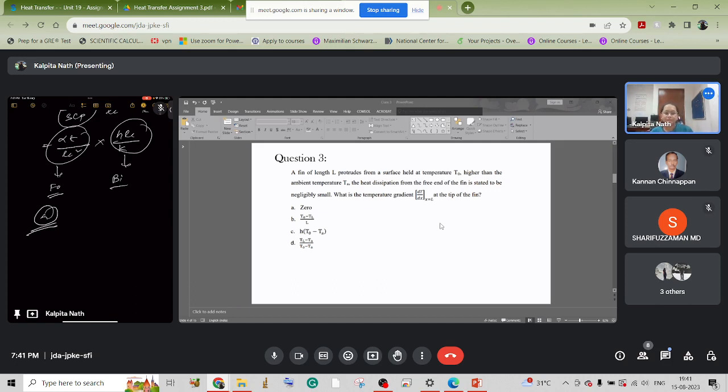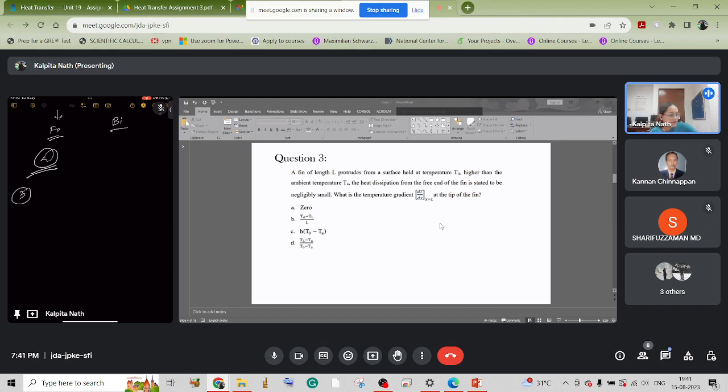So the temperature gradient will be 0. If you're having any doubt, then do tell me.